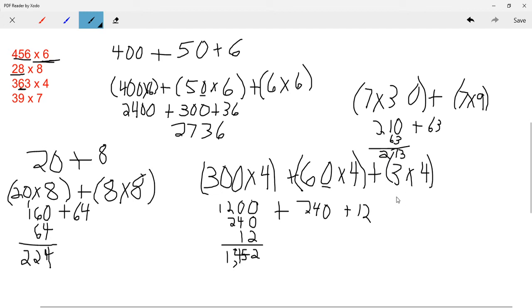Now I do want to mention, if you were doing something like this, partial product is not necessarily a good method.